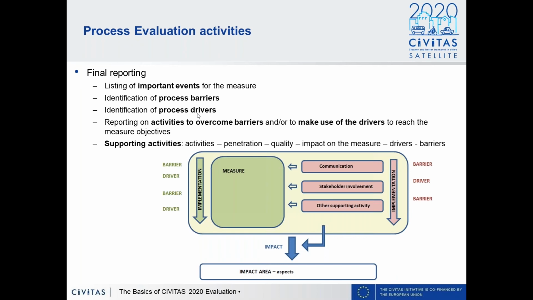That's important also for other cities, learning from what you're doing at that point. And also, if you have identified supporting activities, try to understand how they worked as a support for the implementation of the measure. What was their importance for the impact and for the implementation? And you see this scheme here again.